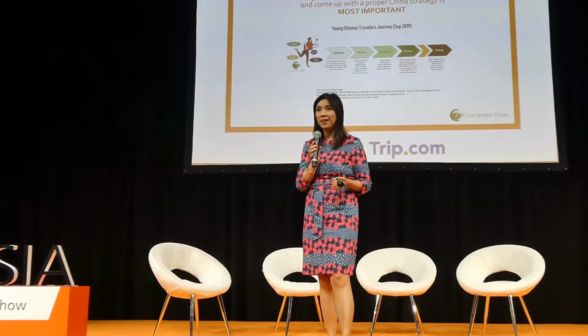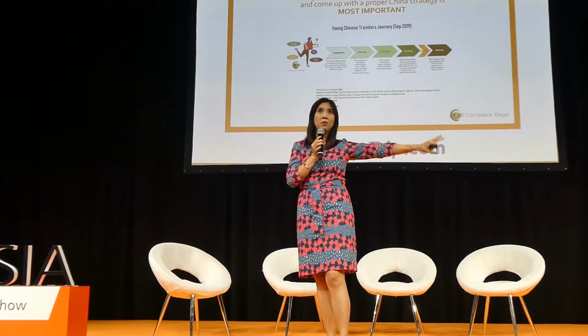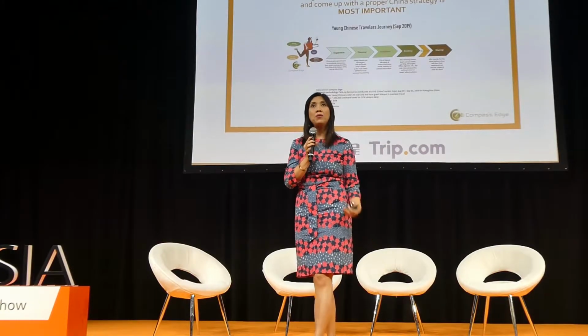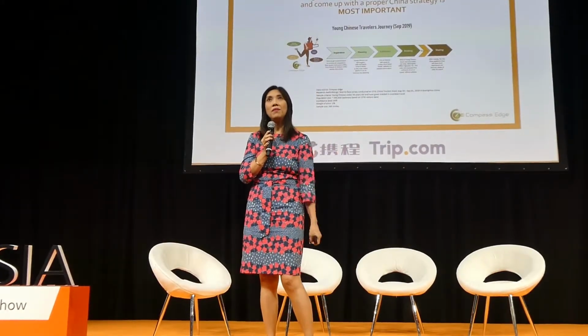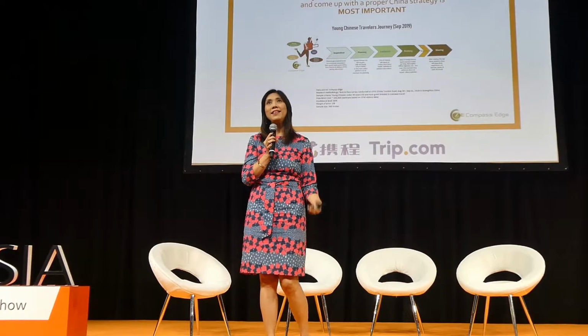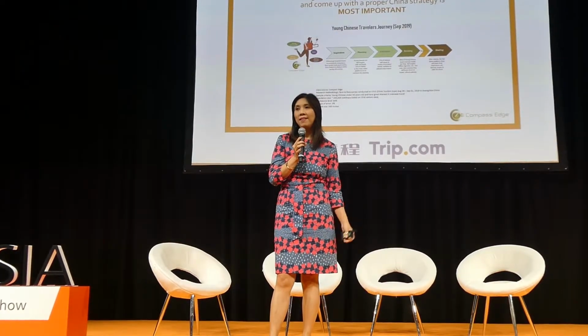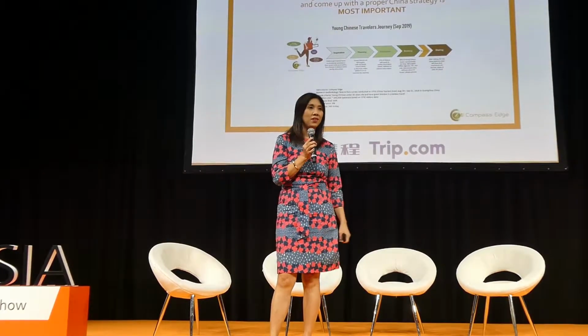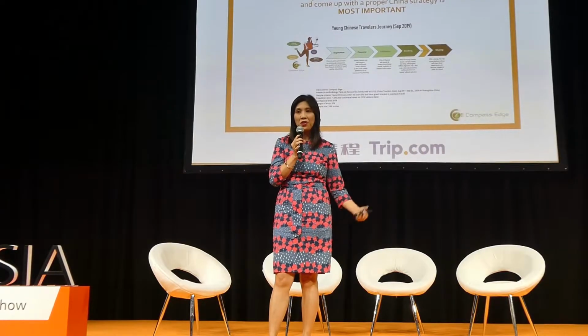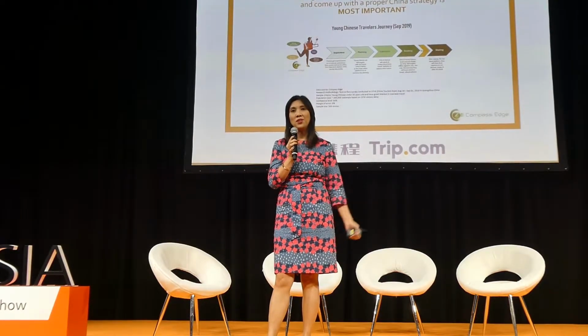So 72% of Chinese say they shortlist about 5 hotels after they get inspired, do their planning and everything, before they book. But the bad news is, after they validate, 84% say they will leave the hotel's official website and just go somewhere else to book.